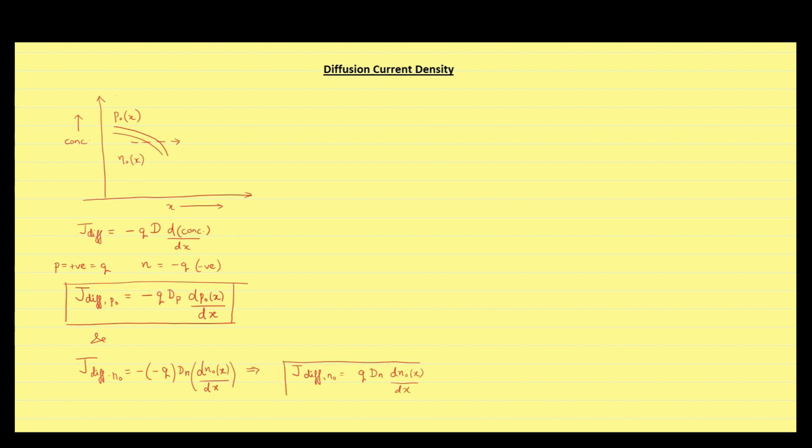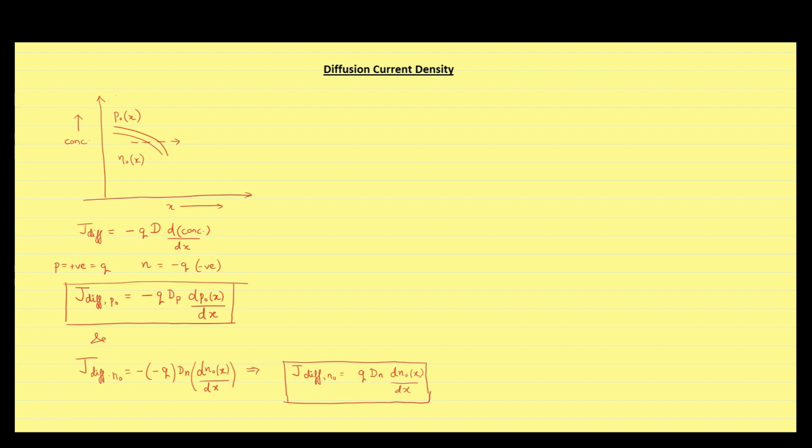We have assumed positive charge on the hole and negative charge on the free electron. You can see that the diffusion current densities have different signs for hole and free electron, meaning that the net current density will be in opposite directions.